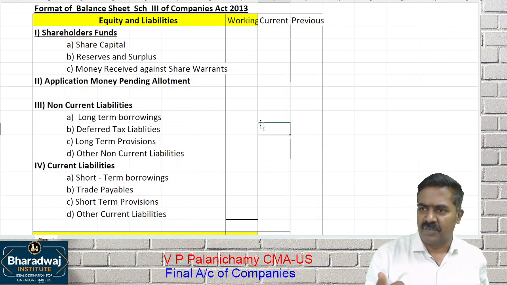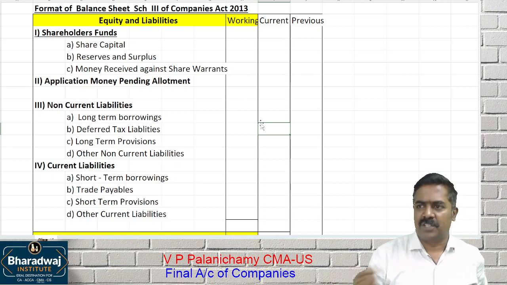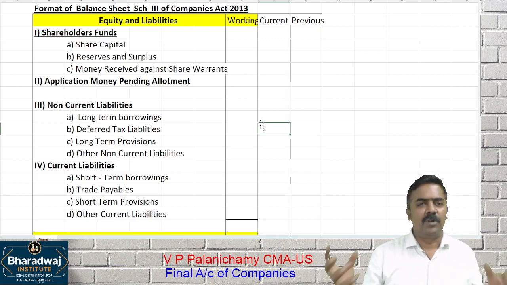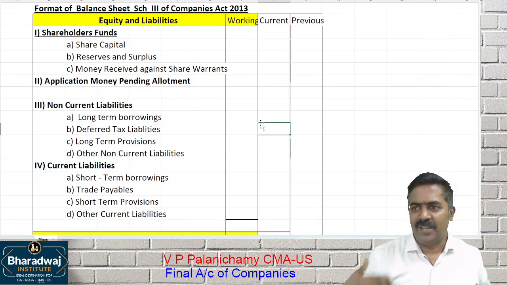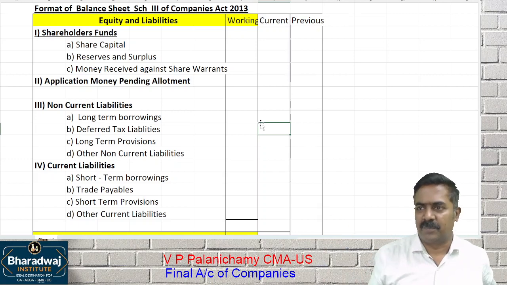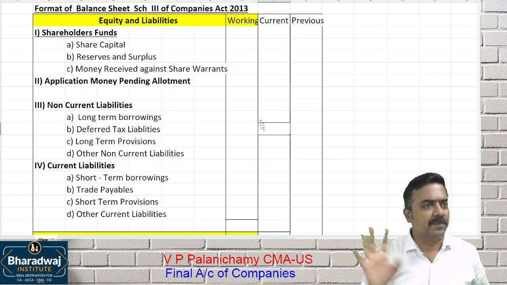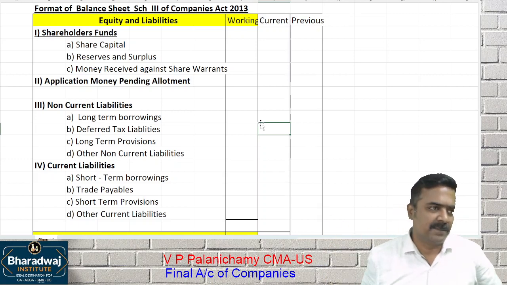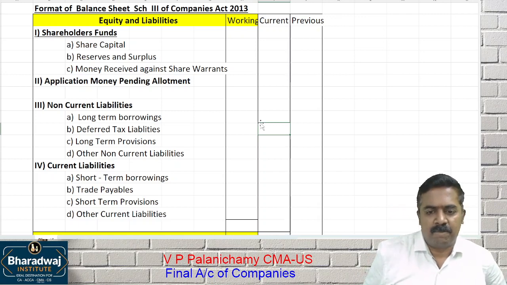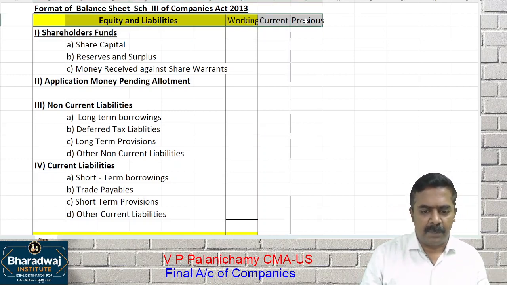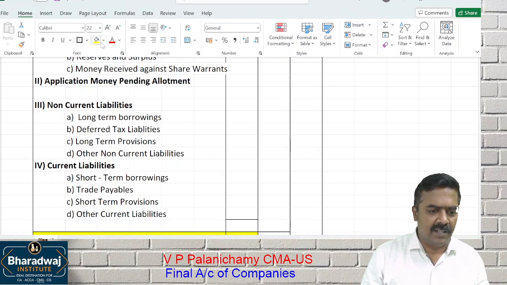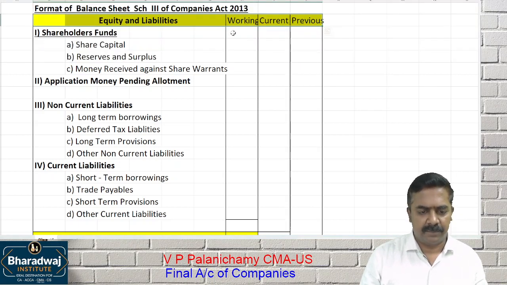Final accounts of a company we are going to learn. Amalgamation, absorption, like that we are going to learn. At that time you have to prepare balance sheet after amalgamation. Holding company accounts. Holding company should prepare what? Balance sheet in this format. So learning this format is primary for learning all the other chapters. Public company or private company, listed company or unlisted company must follow this format.